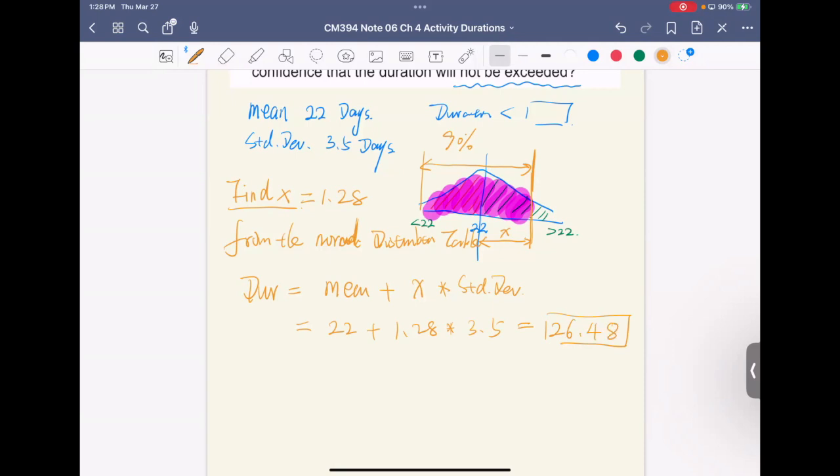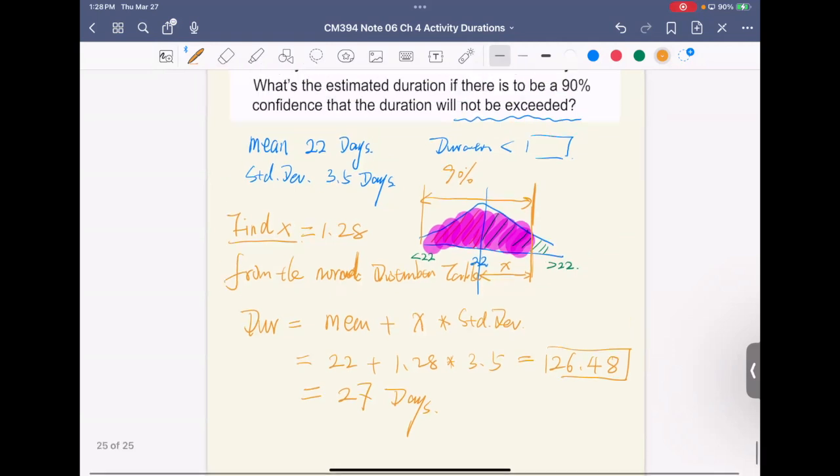Is that correct? Yeah. And then don't forget to round up. Okay, so then you get 27 days. Is that correct? Okay, now you can answer this question.